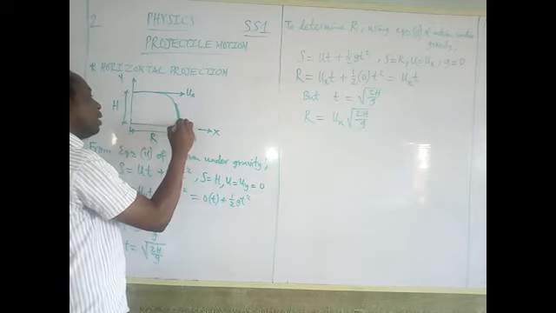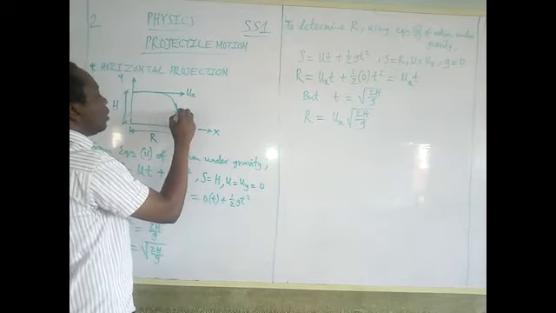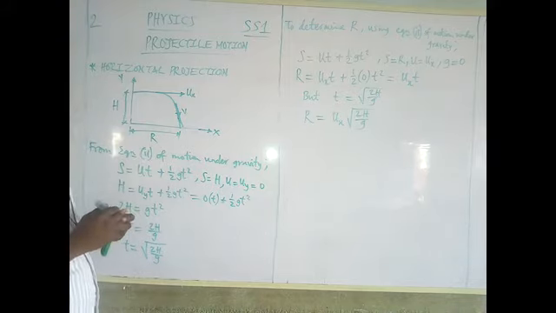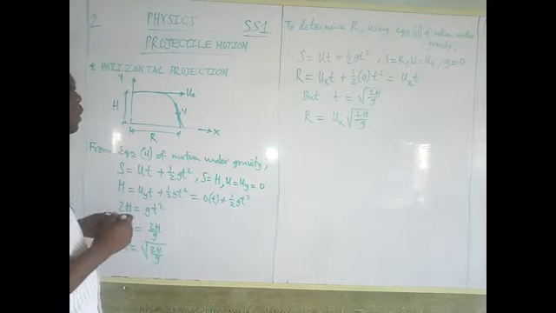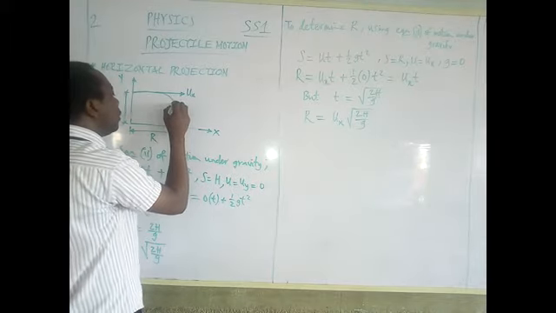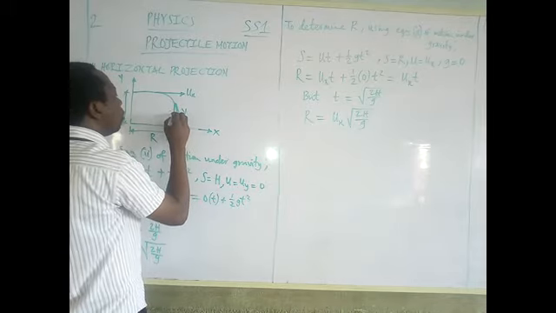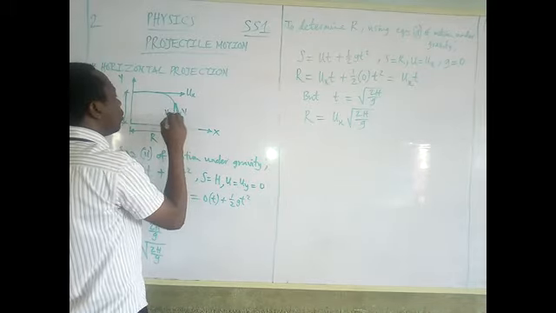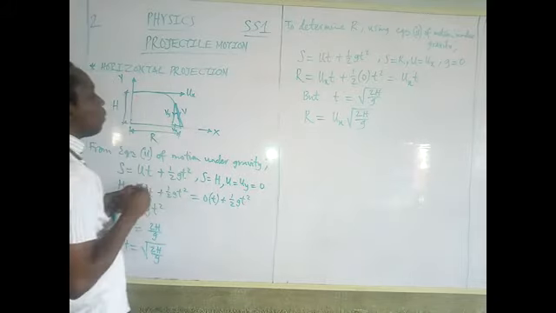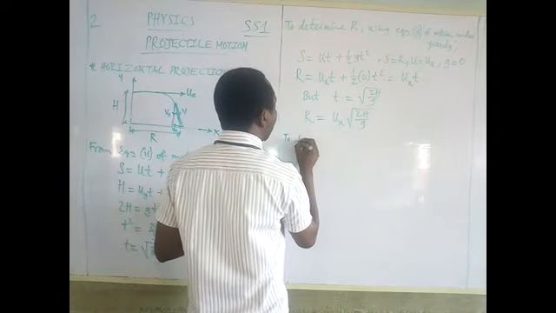The tangent to that point will be my velocity, and because the body is coming down, that is v. If you look at this v, we cannot call it horizontal, neither can we call it vertical. It is important for us to determine the horizontal component of v. So this one will be my vertical component of v, and this one will be my horizontal component of v.